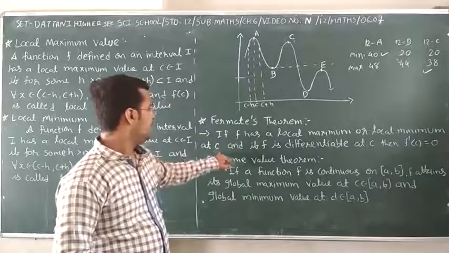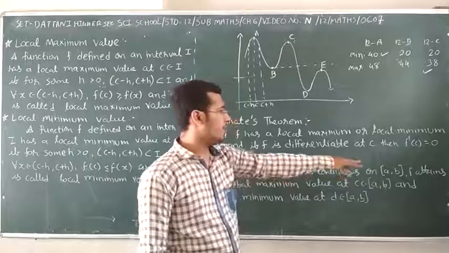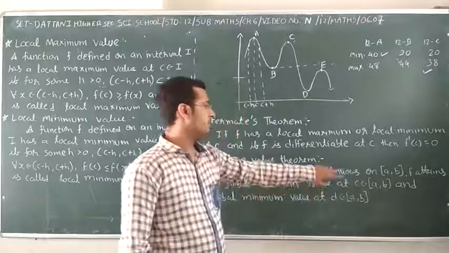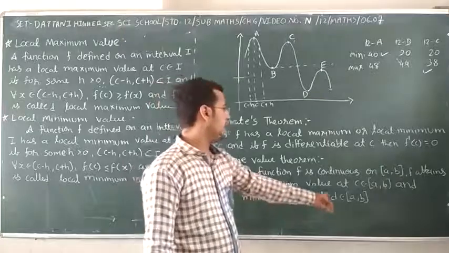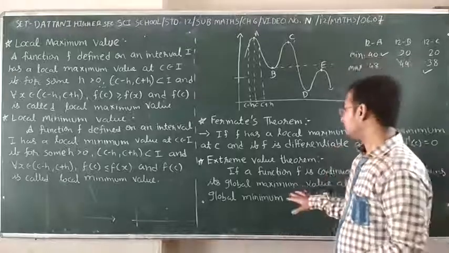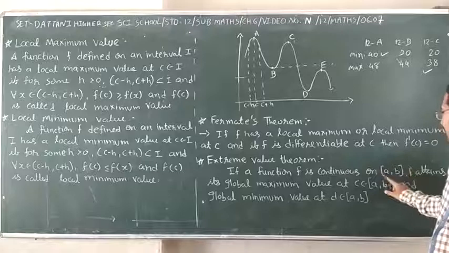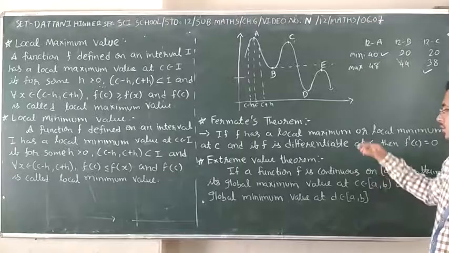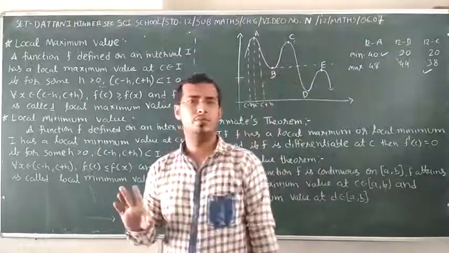Okay. The same with the extreme value theorem: if a function f is continuous on a closed interval [a, b], f attains its global maximum value at c belonging to [a, b], meaning any number in [a, b], and its global minimum value at d belonging to [a, b]. D is also a number. If the closed interval, the range A to B, is given, then you surely get your global maximum and minimum value.